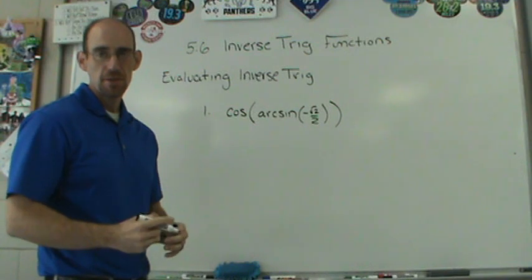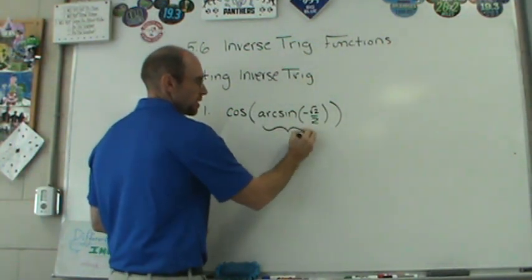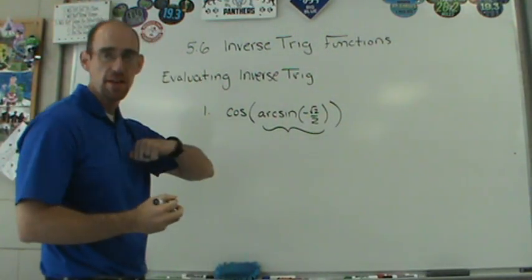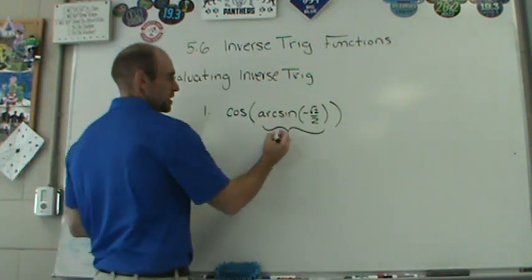Well, something like this, work from the inside out. Okay? If we know what this piece is, then we can evaluate cosine at that value. Now this is going to give us an angle measure. So let's figure out what this is here.